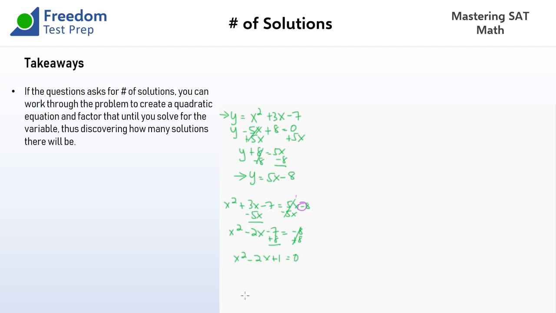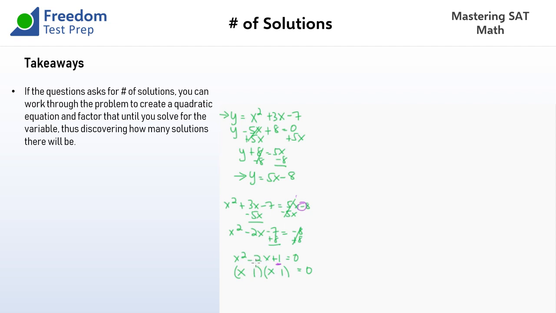All right, now remember, we're trying to figure out how many solutions, not what the solution is, but how many solutions there are. So we have to continue with factoring. We're going to factor this part, still keep it equal to 0, and we're going to have x and x in here. And remember, when you factor, you want to get two numbers that multiply to 1. Well, in this case, that's really easy because there's only two numbers that multiply to get to 1, and that's 1 and 1.